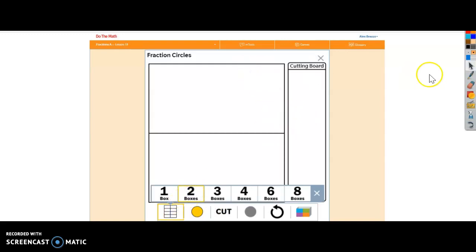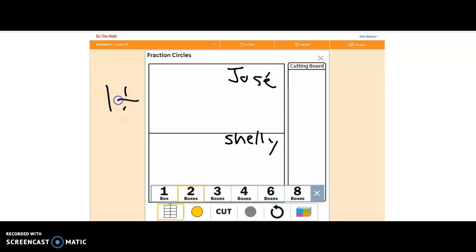So the top box is going to be Jose. It's not even Josh, it's Jose. Sorry, Miss Juris cannot read. It's Jose. And the second person is Shelly. Okay? So Jose has 1 1/4. Shelly has 3 halves. Look, that's an improper fraction.